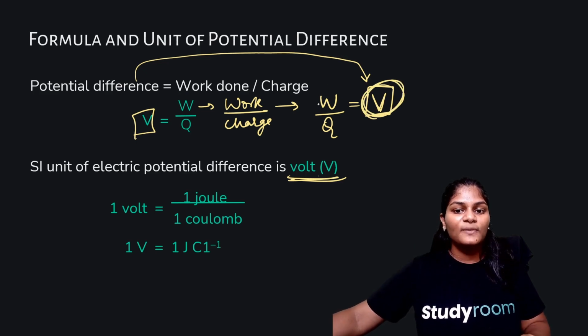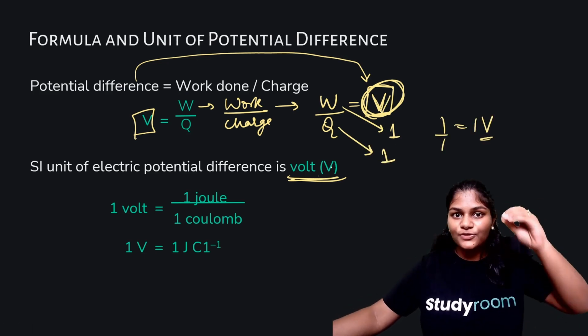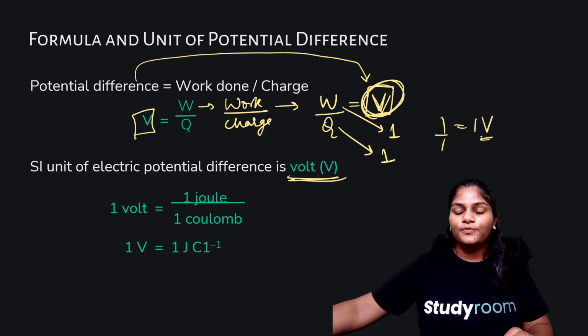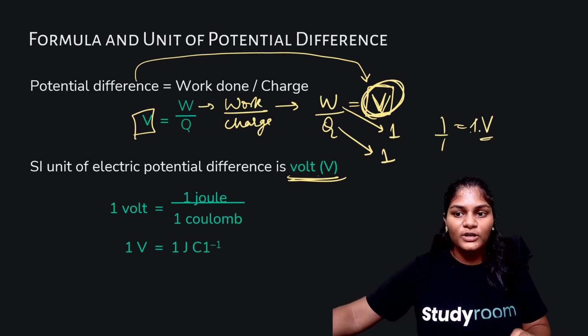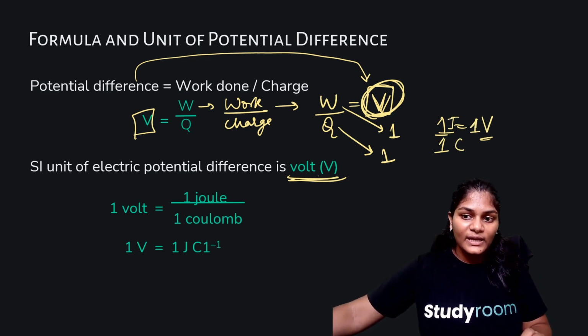We put this work as 1 and we put this charge as 1. So if we want to find out 1 volt, we would put work as 1. We know the unit of work is joule. And we will put charge as 1. We know the unit of charge is coulomb. So we say that we get this 1 volt.